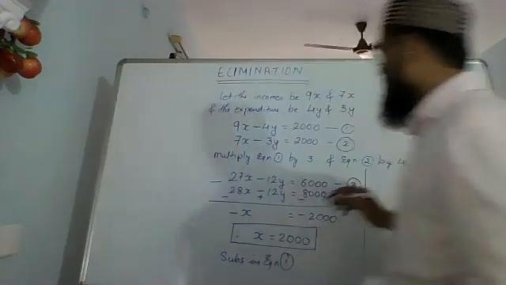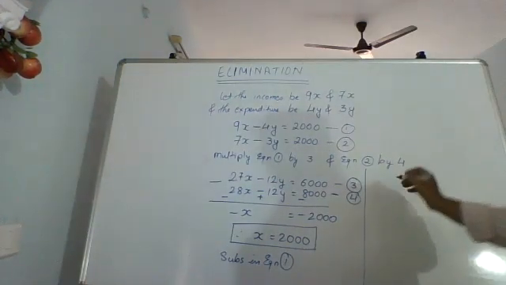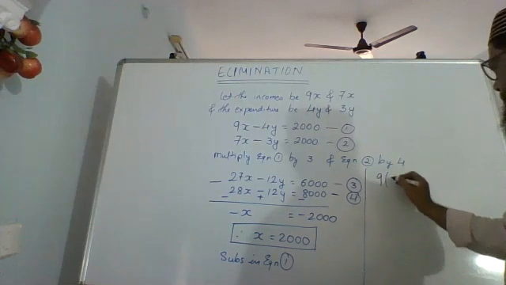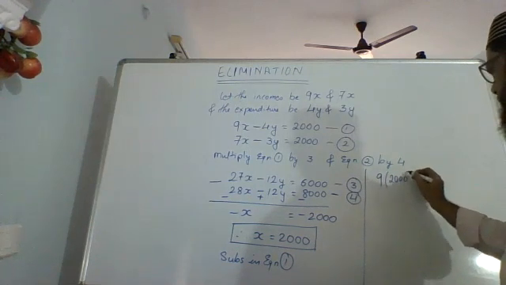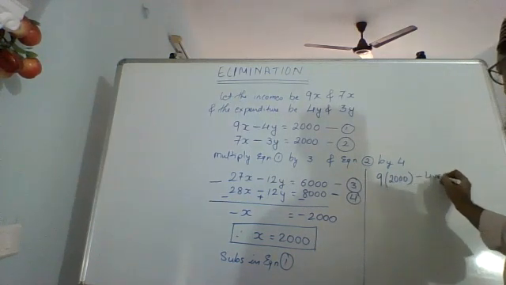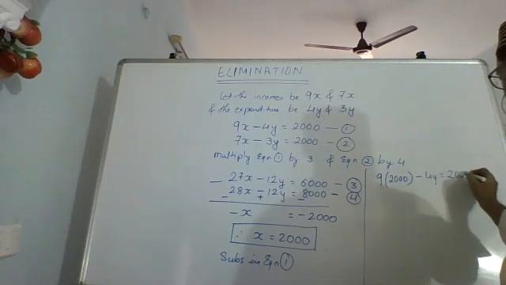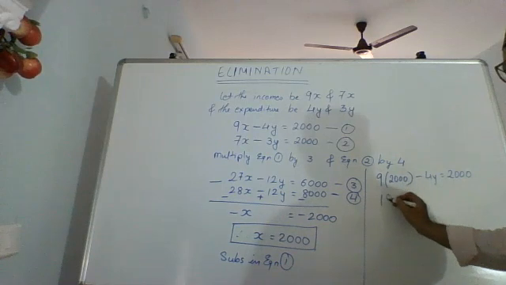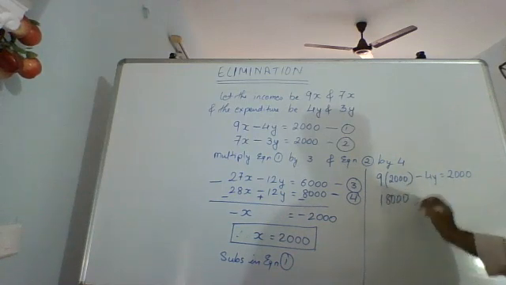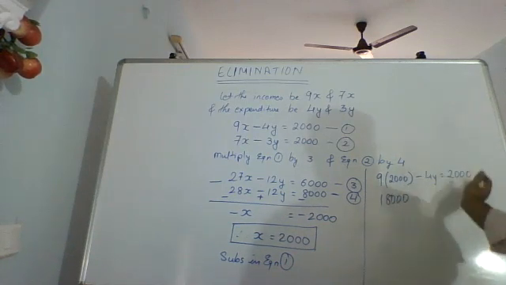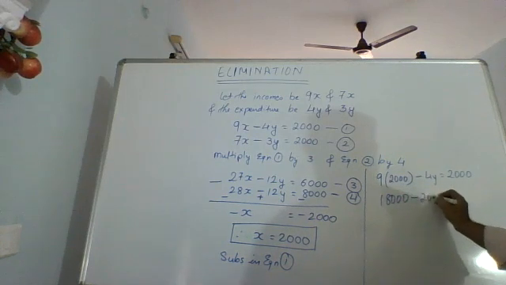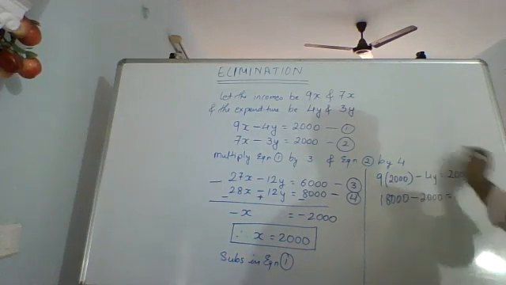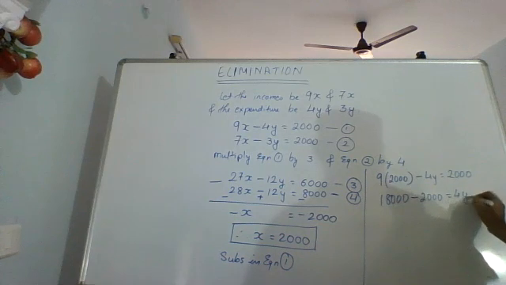Substituting in equation 1, in place of x we have 9 into (2000) minus 4y equals 2000. Now 9 into 2000 is 18,000. Shift 4y to this side, shift 2000 to the other side, minus 2000. Minus 4y when it comes this side becomes plus 4y.